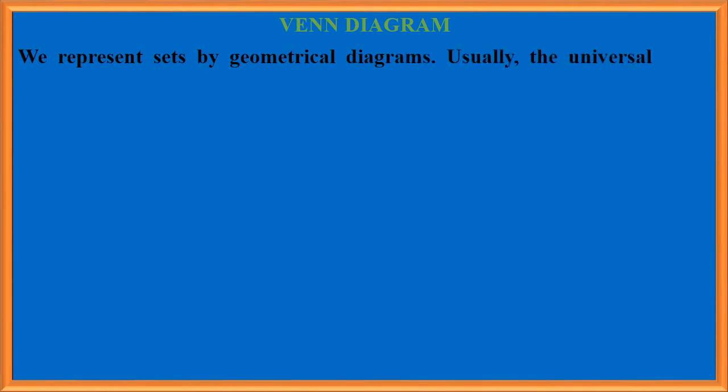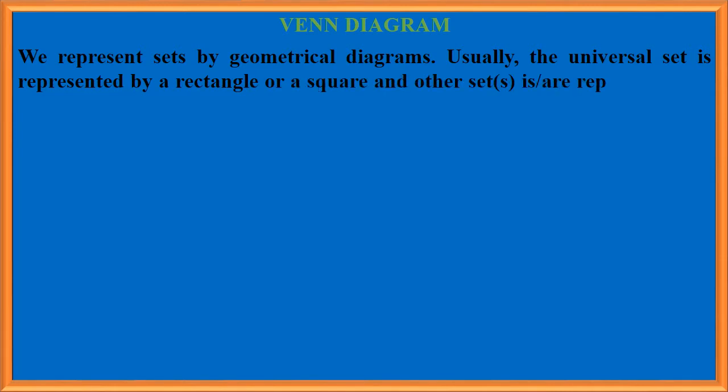Usually the universal set is represented by either a rectangle or a square, and the other sets are represented by a circle or circles.